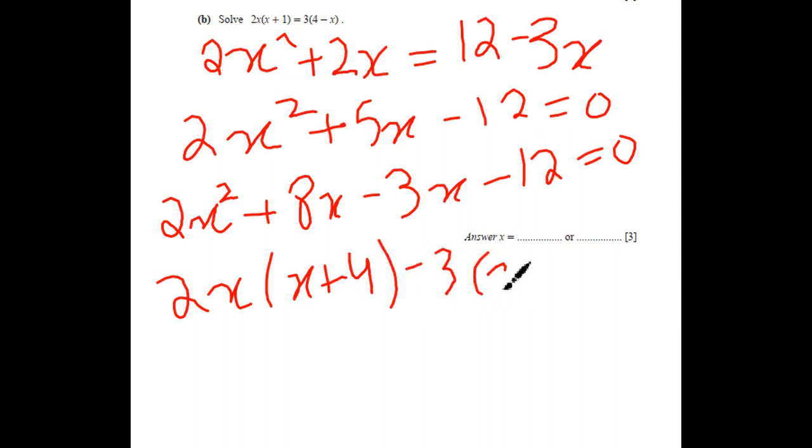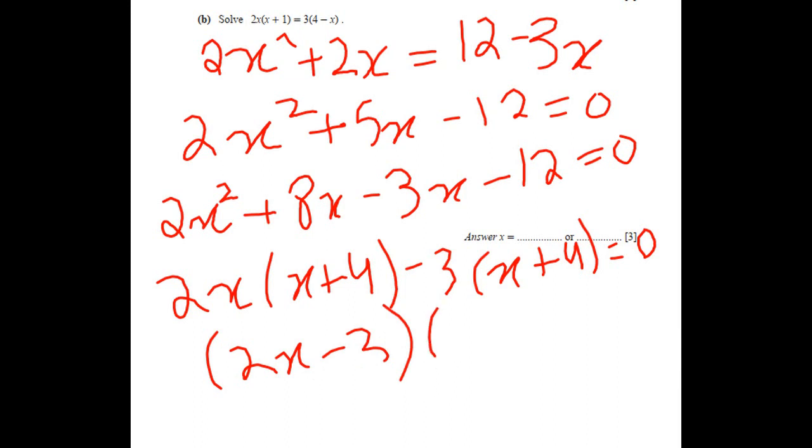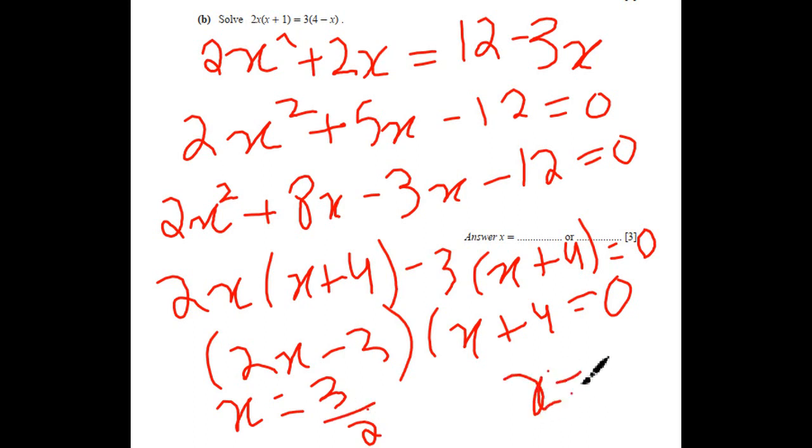Then minus 3 is common, and we're left with x plus 4 is equals to 0. So the product is 2x minus 3 times x plus 4 is equals to 0, and the two answers are x is equals to 3 over 2, which is 1.5, and x is equals to minus 4.